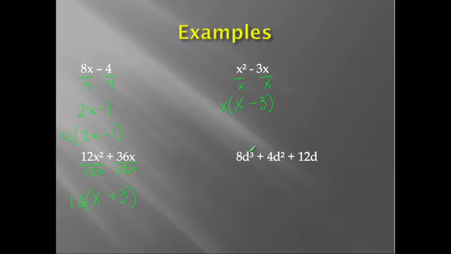Okay, 8d cubed plus 4d squared plus 12d. Our GCF will be 4d. So I'm going to divide each term by 4d.